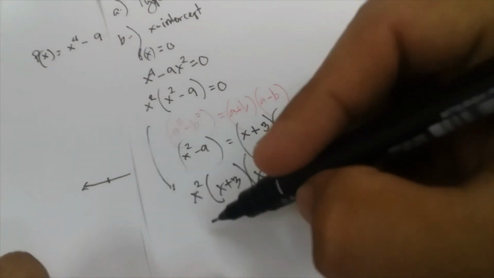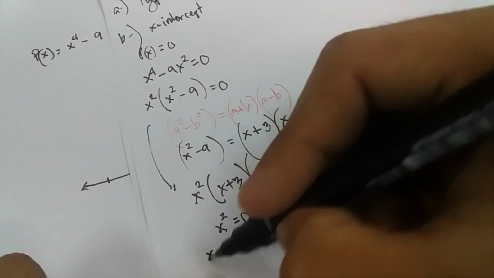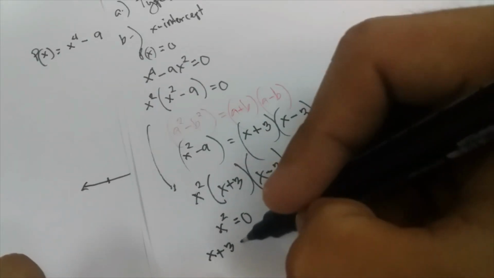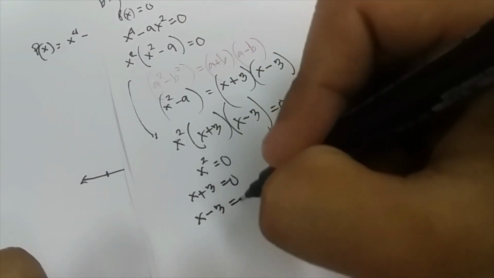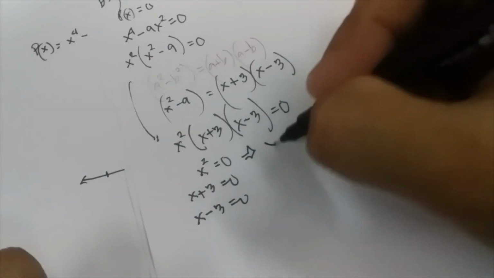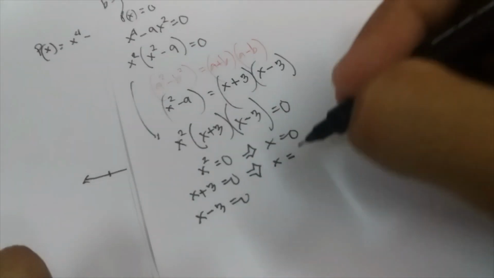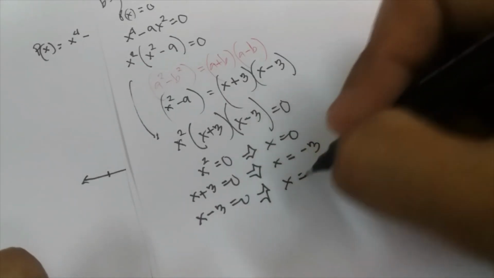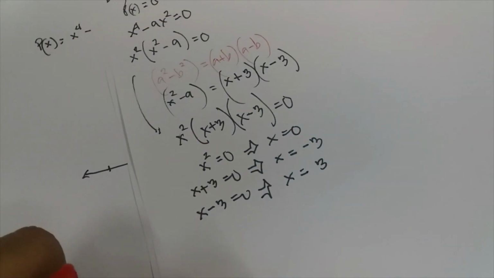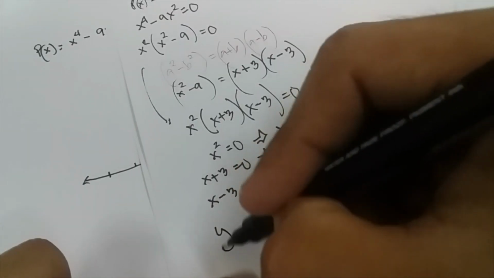Okay, so it follows that the value of x is equal to 0. The second one, we have x is equal to negative 3, and for the third one we have x is equal to positive 3. So that is for x-intercept. Now we'll find the y-intercept.